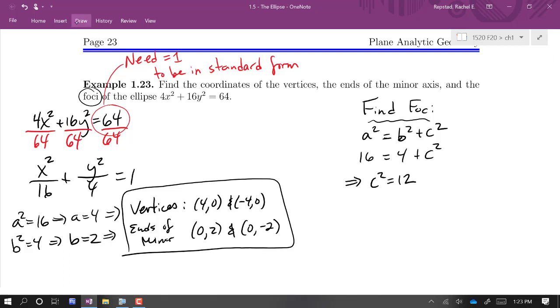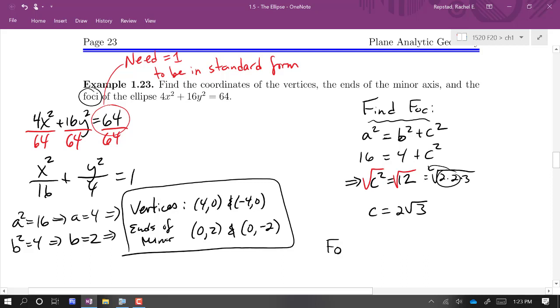And if you take the square root on both sides, we get the square root of 12, which is, let's see, 2 times 2 times 3. We can grab that pair of 2s, so 2 times the square root of 3. And that means that the foci are (2√3, 0) and (-2√3, 0).